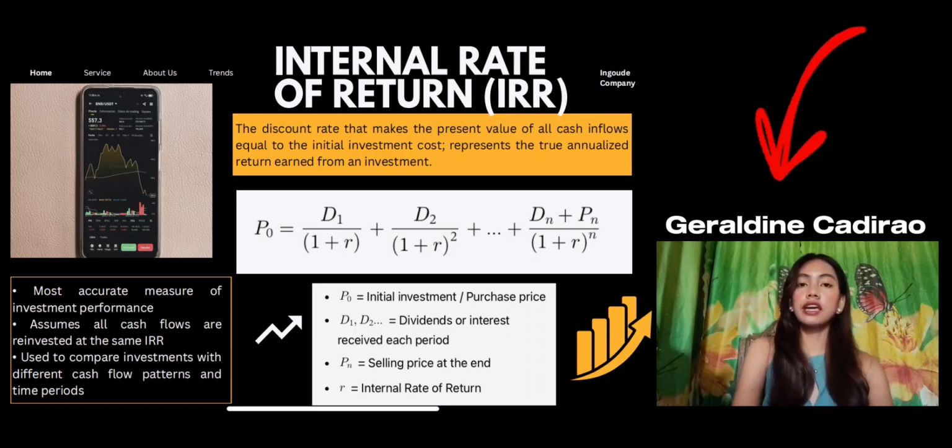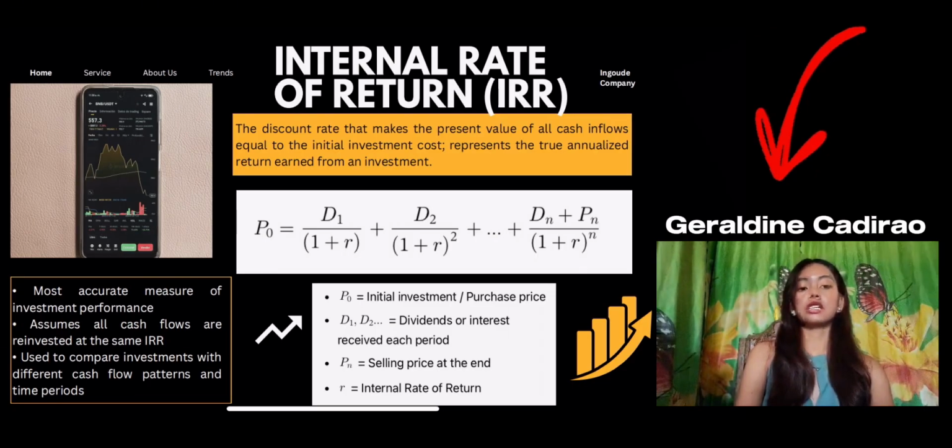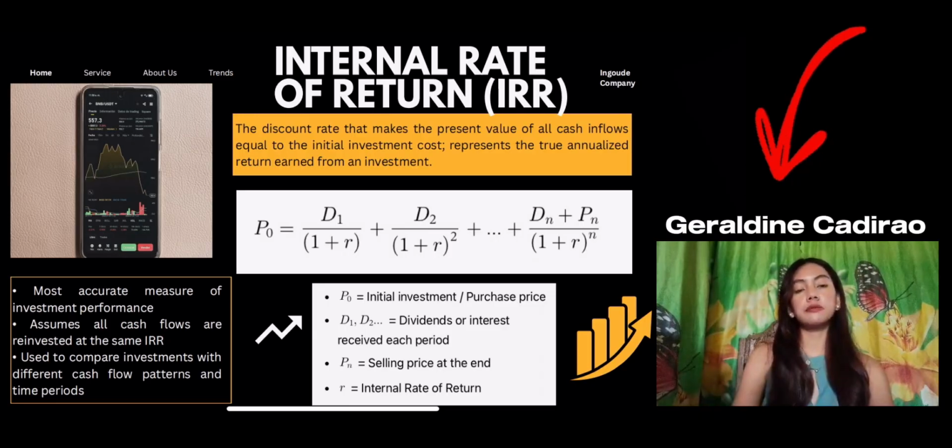And then the reinvestment assumption: it assumes that all money you earn, such as dividends or interest, is reinvested immediately. It is a comparison tool used to compare investments with different cash flow patterns or costs, and a higher internal rate means a better investment return.